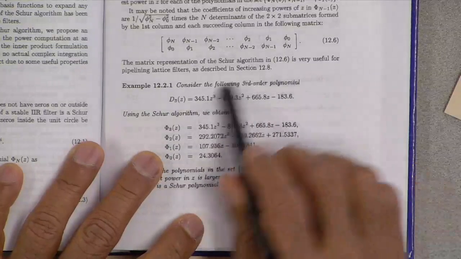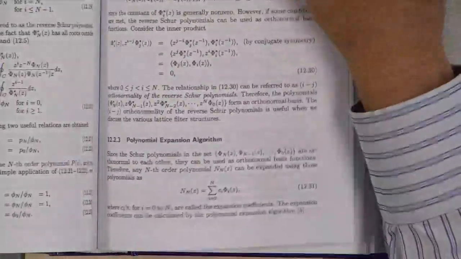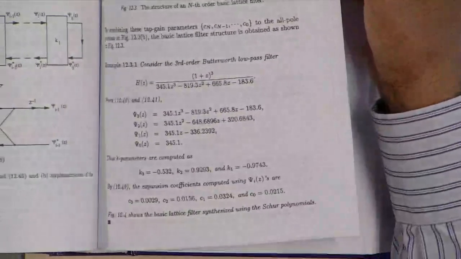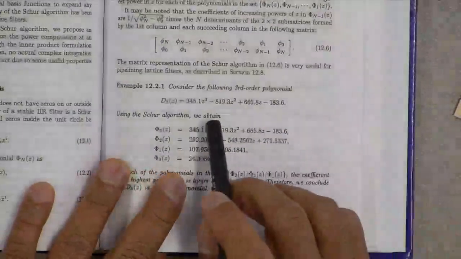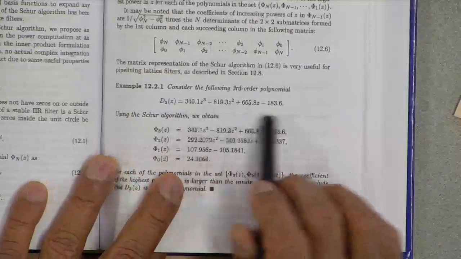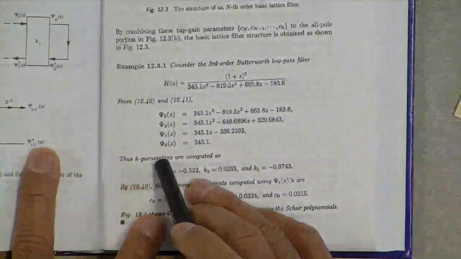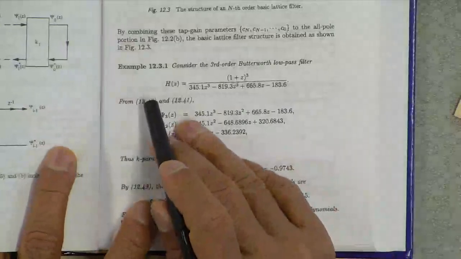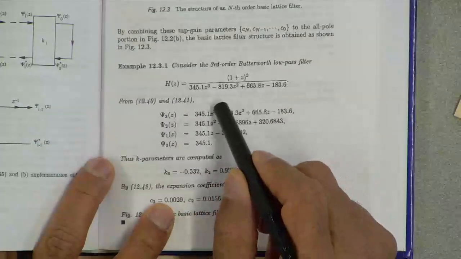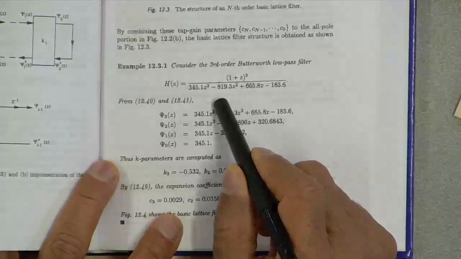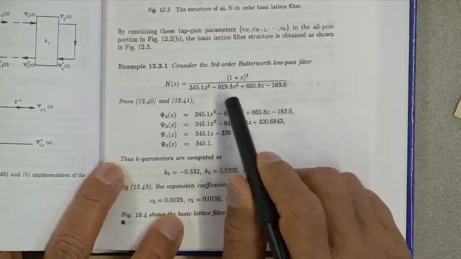The reason I'm starting with that is because we'll ultimately use it to design lattice digital filters. If you are wondering how I got such a strange looking number, it came out of a Butterworth filter, a third order Butterworth filter from the MATLAB command.